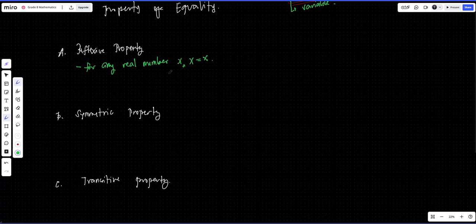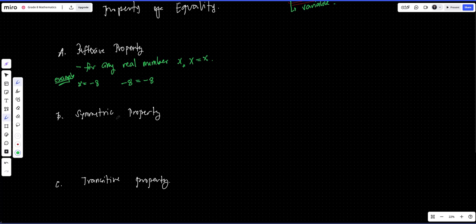For example, if x is equal to -8, then using the reflexive property of equality, we can create an equation that -8 is also equal to -8, and that's the process of the reflexive property.